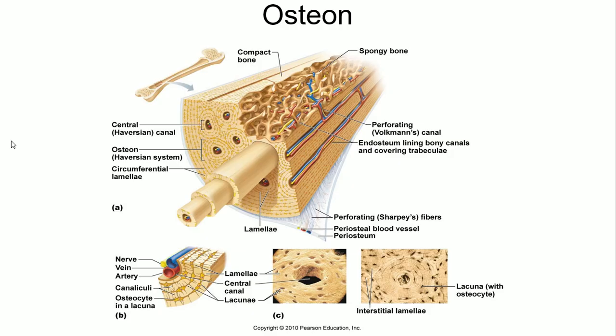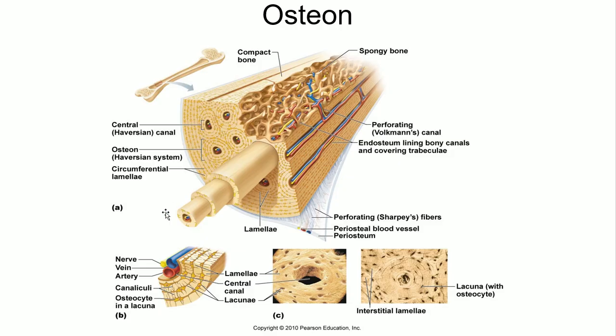Here in this Haversian system, we have this little canal, a central canal called a Haversian canal, and that is what our blood vessels go through. So this little hole, this little channel is a central canal, a Haversian canal, and if you zoom out a little bit, it's part of an osteon or a Haversian system.